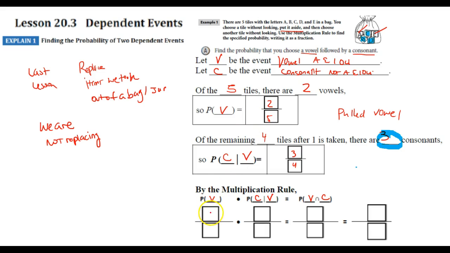So that would be 2/5 and 3/4. Let's multiply across: 2 times 3 and 5 times 4. And we'll go ahead and reduce this by 2. So that'd be 3/10. That is the probability of a vowel being chosen followed by a consonant.